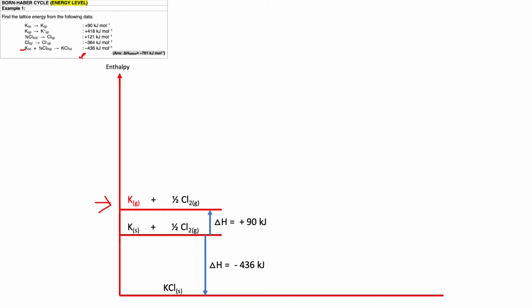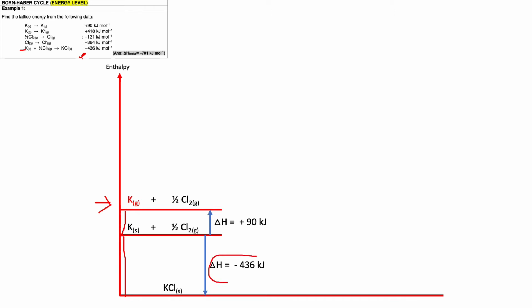Before we go further, as you can see, I drew a different length here. This one has a big length or big gap, whereas for enthalpy of atomization for potassium, I drew it with a small gap. This gap is drawn according to the value of the enthalpy.